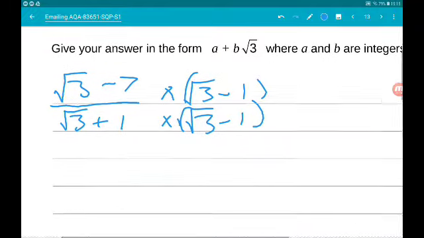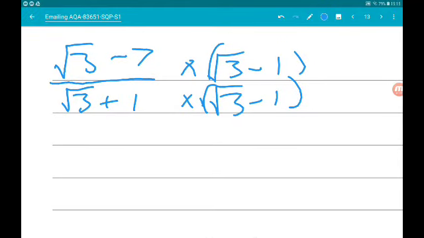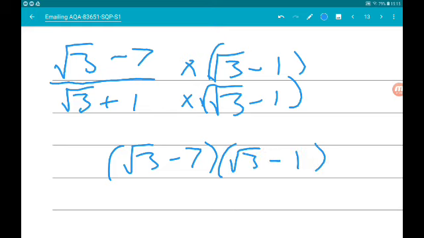Okay, so that's going to give us up on top root 3 minus 7 times root 3 minus 1 all over. Now when you use the difference of two squares, you get the first term squared minus the second term squared. So root 3 squared is 3, 1 squared is 1, so on the bottom we get 3 minus 1, which is 2.